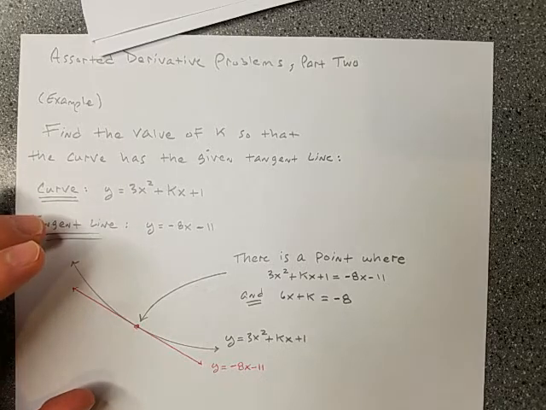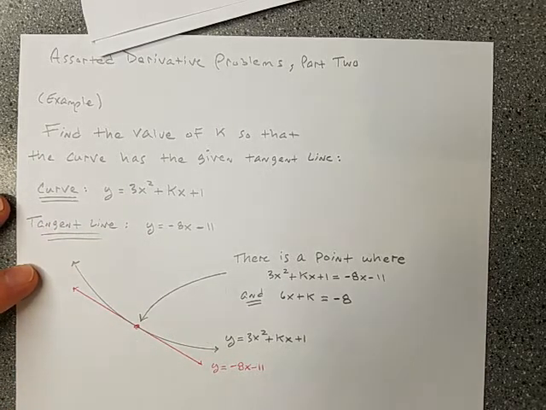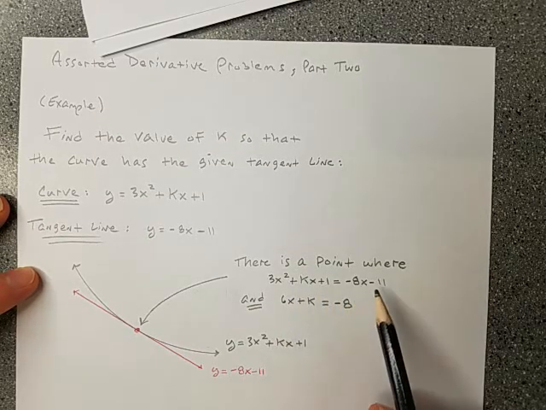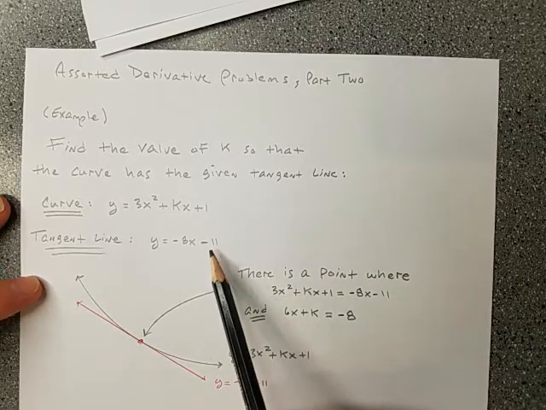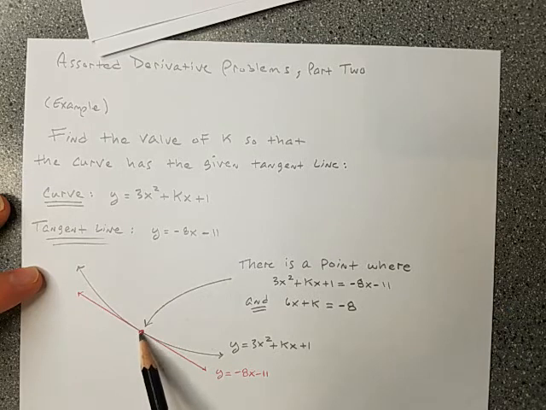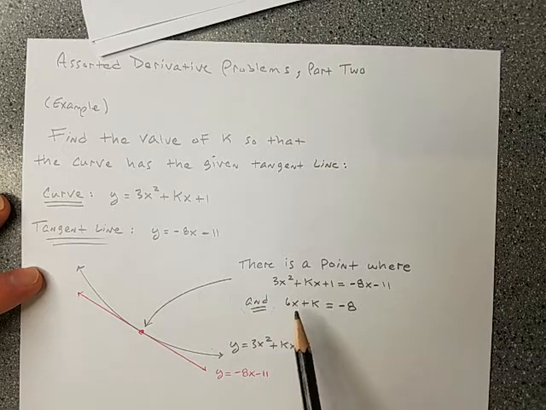So here's how we can set this up. There is a point that the curve and the tangent line both share. That means their equations are equal at that point, meaning they have the same x value and the same y value at a certain point. But also, the slope of the curve is the same as the slope of the tangent line.